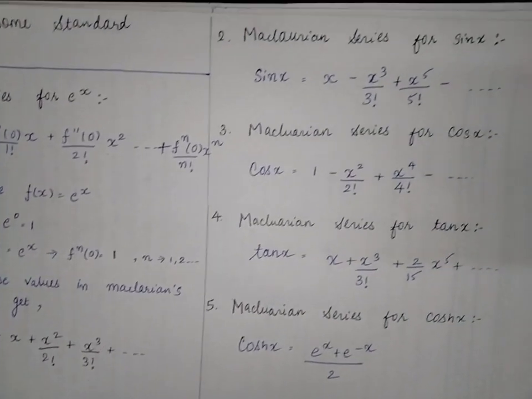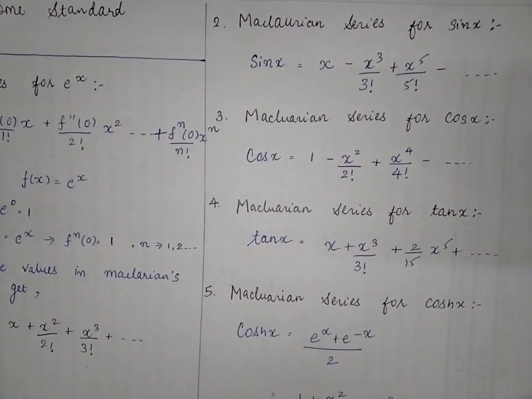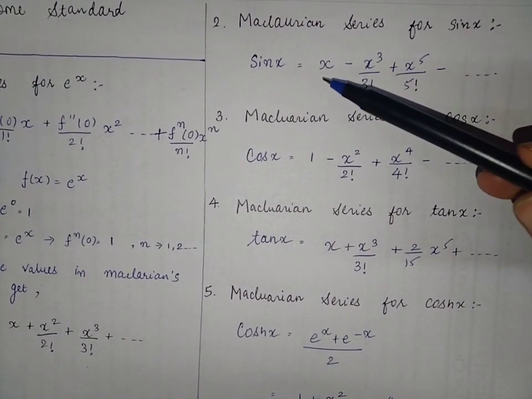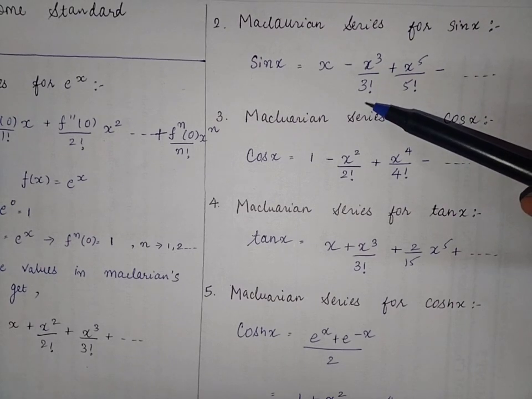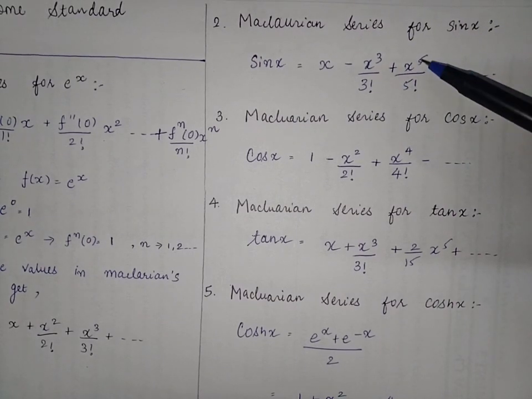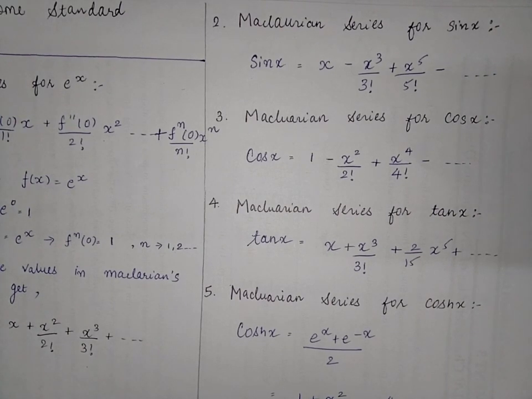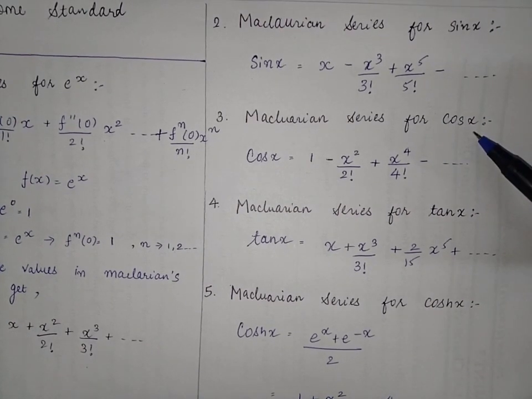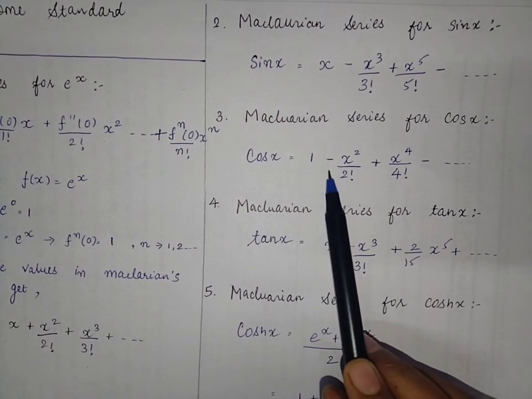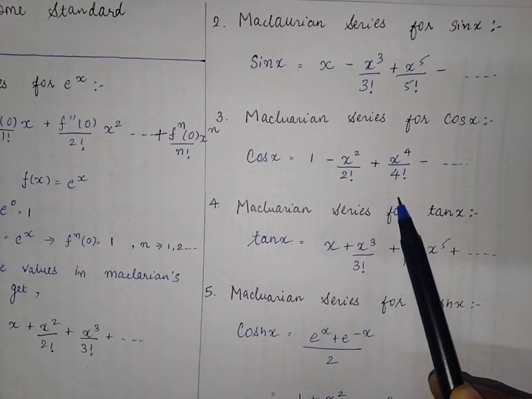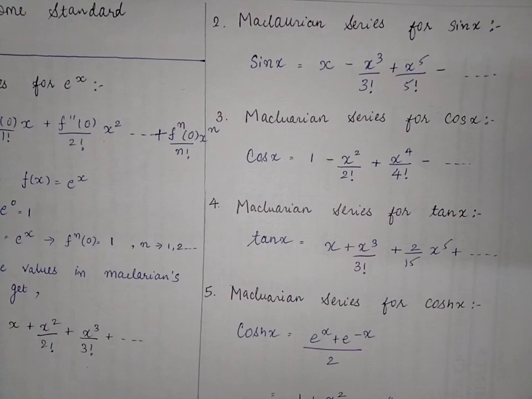Similarly, Maclaurin series for sin x is x minus x cube by 3 factorial plus x raised to 5 by 5 factorial minus and so on. Similarly, for cos x you have to remember the Maclaurin series. The Maclaurin series for cos x is 1 minus x square by 2 factorial plus x raised to 4 by 4 factorial minus and so on.